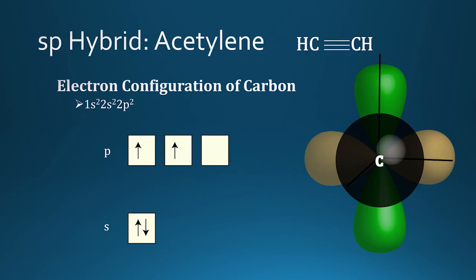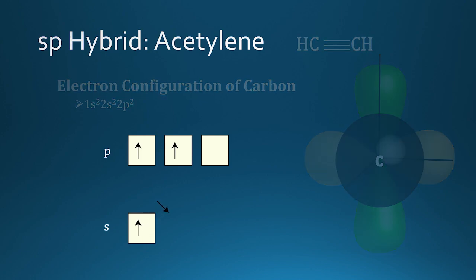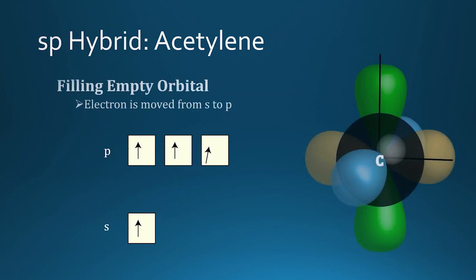Let's look at an example of sp hybridization that already has electrons in p orbitals. Acetylene has carbon, which has a 1s2, 2s2, 2p2 electron configuration. Similar to beryllium hydride, an electron from the 2s2 orbital is moved to the empty p orbital.